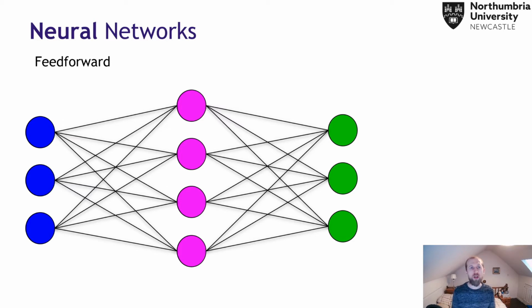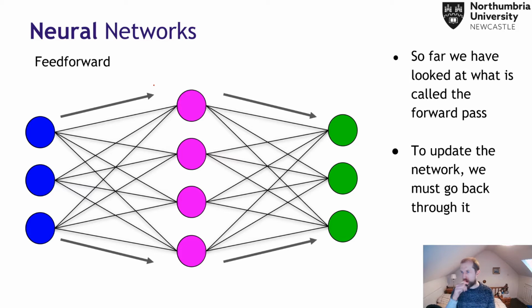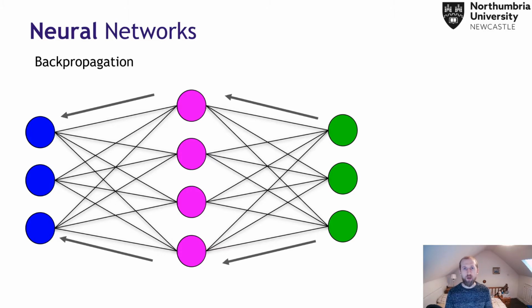So far we've only looked at what's called the forward pass, where we go from the input to the output. When we want to update the network, we have to go back through it. Essentially, we'll have all of these weights in both of these layers, or more layers if we're working with a deeper neural network, and we're going to backpropagate through the network.